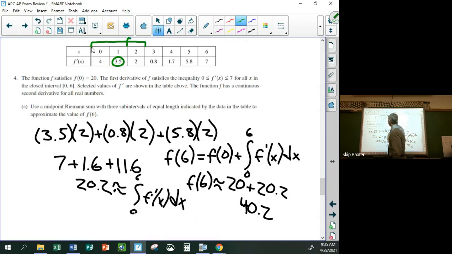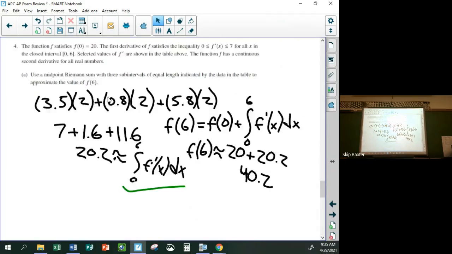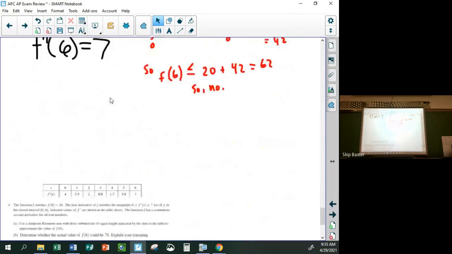And then you take this interval and you take the area given by that height. And then you take this interval and you take the area given by that height, the midpoint in each case. Does that make sense? So that gives you the definite integral of f prime, and then that was used in this problem to find f of 6. But you don't need to do that in part C. Part C is totally standalone, actually.